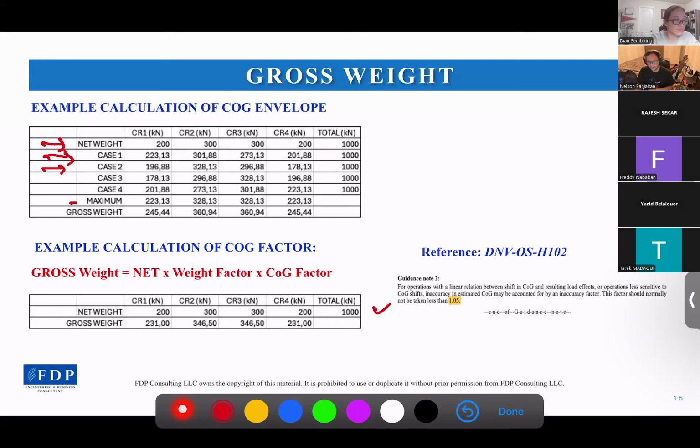And then we multiply with the weight factor and COG factor 1.05. For example, for crane 1, the net weight is 200 kilonewtons, and then we multiply with 1.1 and 1.05. Then we get 231 kilonewtons for the gross weight. That's for gross weight calculation.